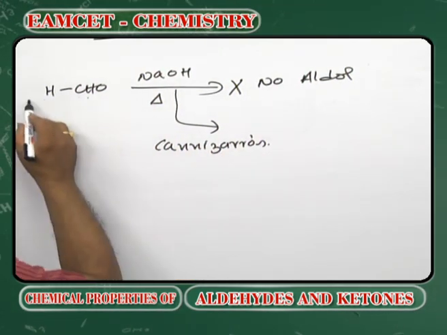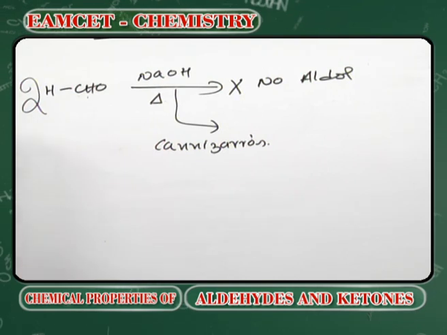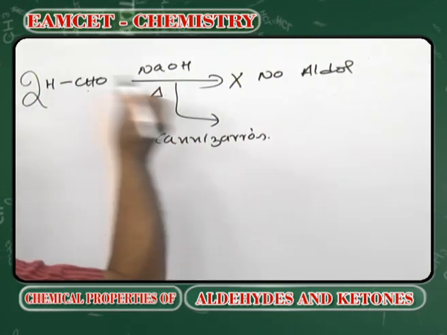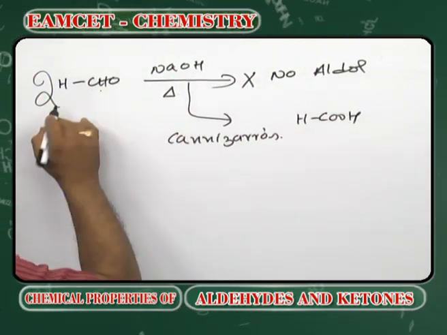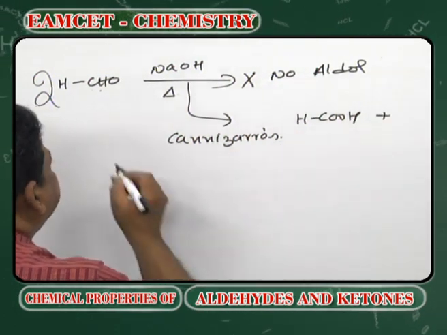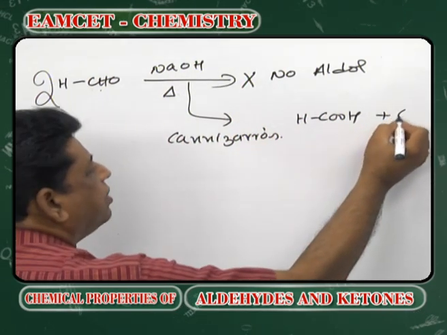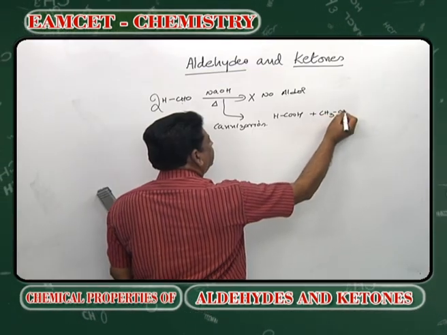In this Cannizzaro reaction, 2 formaldehydes are reacting and one becomes into acid, that is formic acid. One is oxidized, and the other is reduced; reduction of formaldehyde gives the methanol. So this is a side reaction.